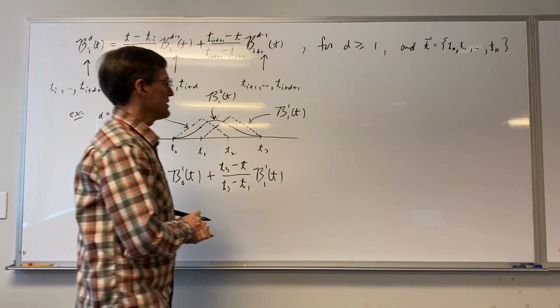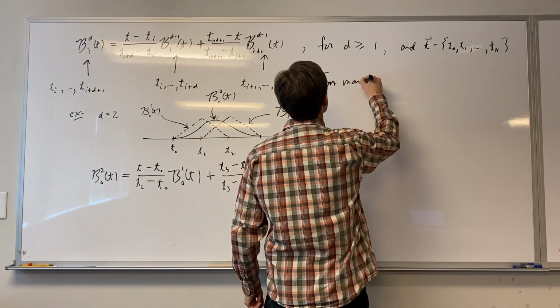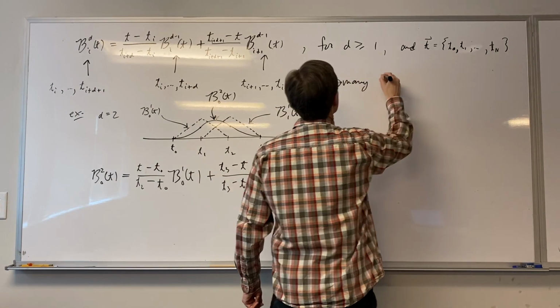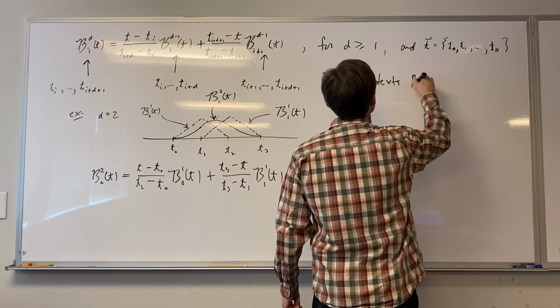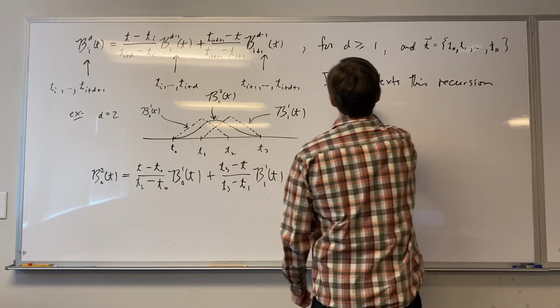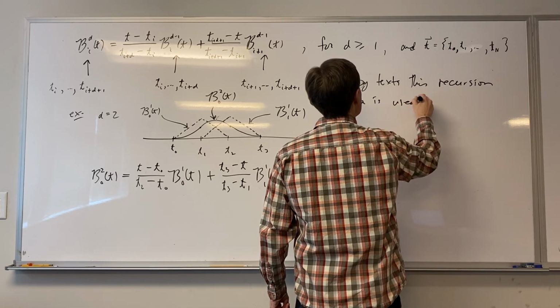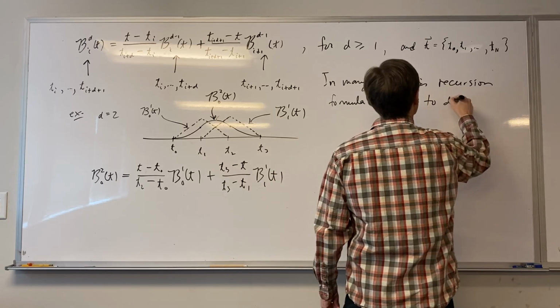Now, a couple of other comments about the recursion formula. One of them is that in many texts, this recursion formula is used as the definition. So this is used to define B-splines.